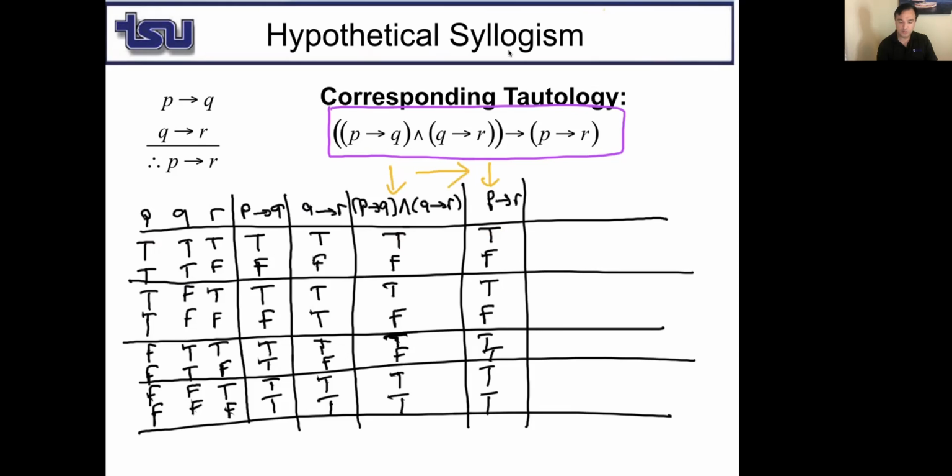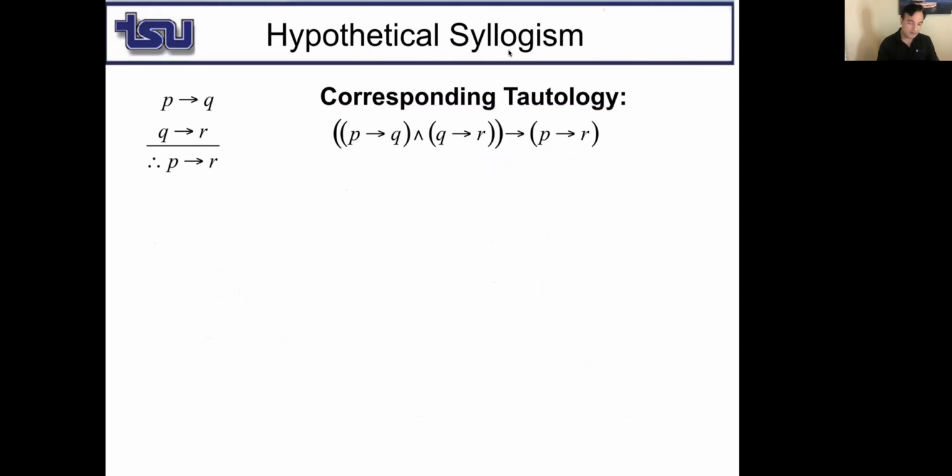True implies true is true, false. If this is false, this is true, true, true, true, true, true, and true. And that's a tautology. So that shows that if P implies Q is a premise, this must be a true conclusion.